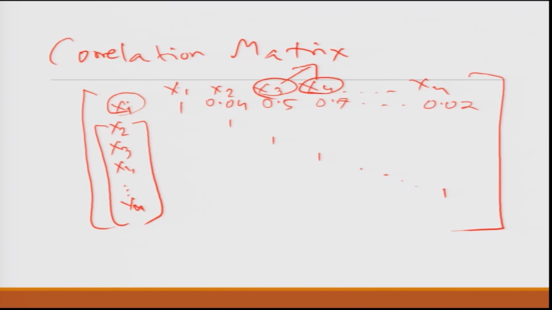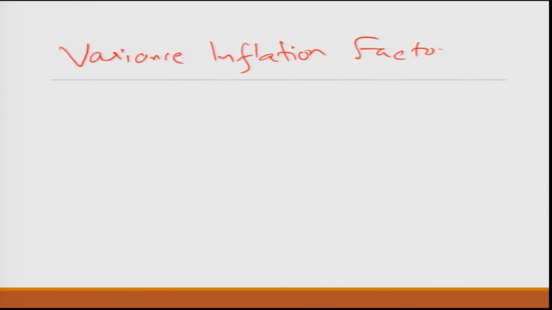The other approach to deal with this is something called variance inflation factor. I will not get into the maths of it, but it's a metric to determine the importance of each variable in itself, ignoring the rest of the variables which are there in the model.